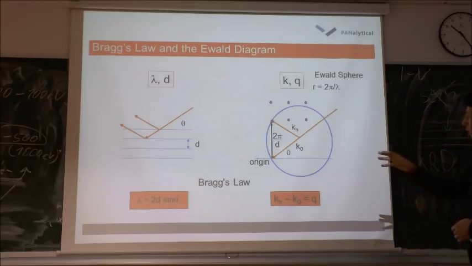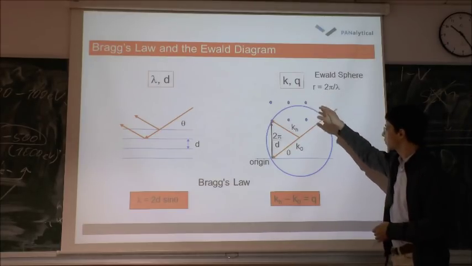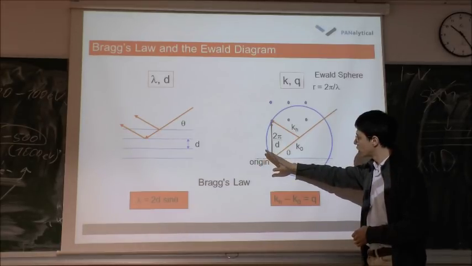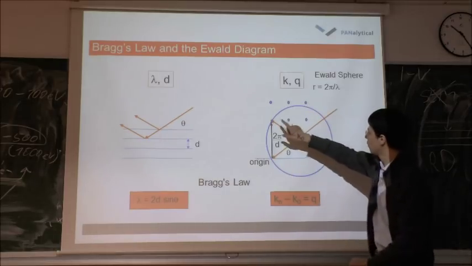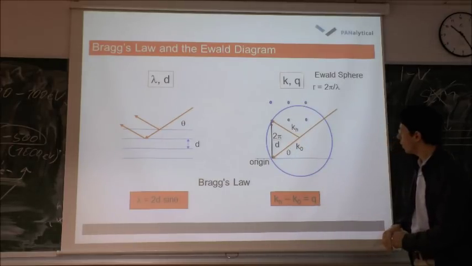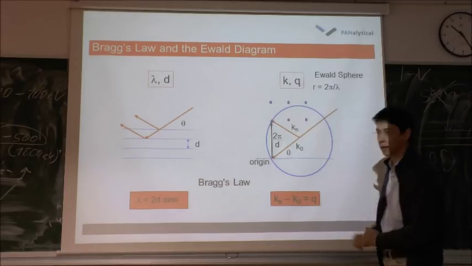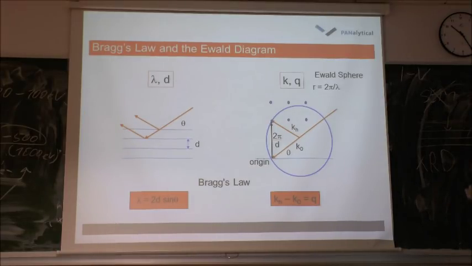Okay, another important issue is the Ewald sphere. Again, using the same wavelength, we can determine the radius of the Ewald sphere. Here is the origin of our material, and if we change the angle of this material, then the Ewald sphere is moving. Here we have reciprocal lattice points, and in case the Ewald sphere intersects with a reciprocal lattice point, we have a condition for diffraction, and at that condition we get a signal in the detector.